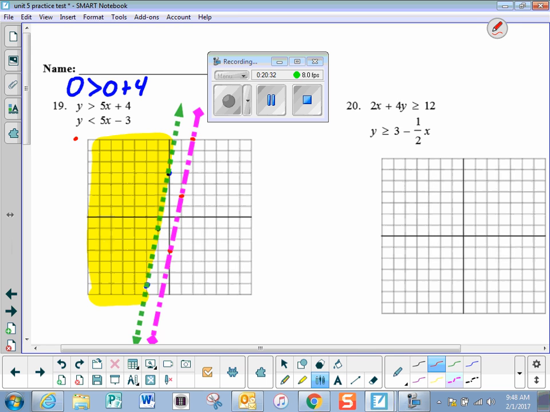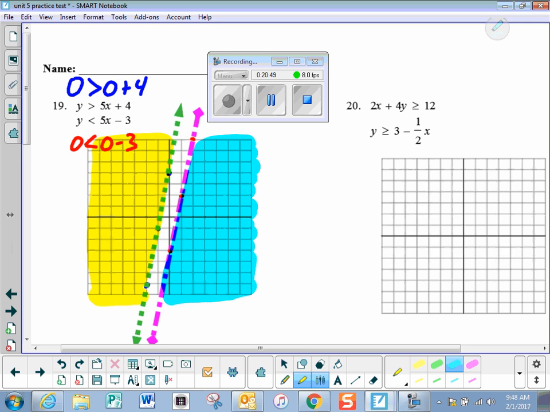Is 0 less than -3? No. So I need to shade away from the line. So really, what is the solution? No solution. Good. We show that as no solution as there's no intersecting of shaded areas. So that one actually is no solution.